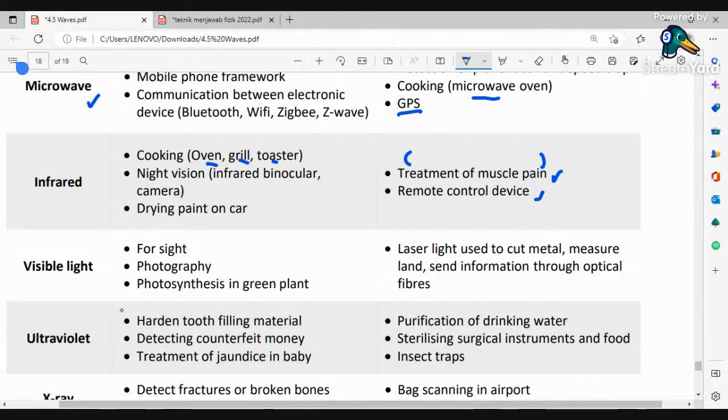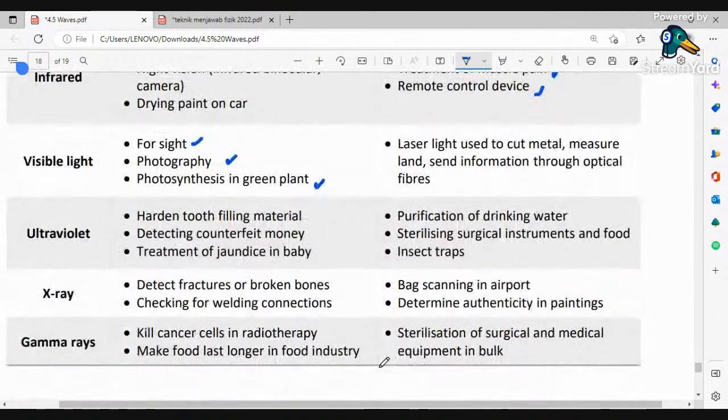Visible light for sight, the light that we use to observe, to see things, we call visible light. This is for sight. Photography, photosynthesis. Laser light used to cut metal, measure length, send information through optical fibers. This is visible light. Ultraviolet: hardened tooth filling material.